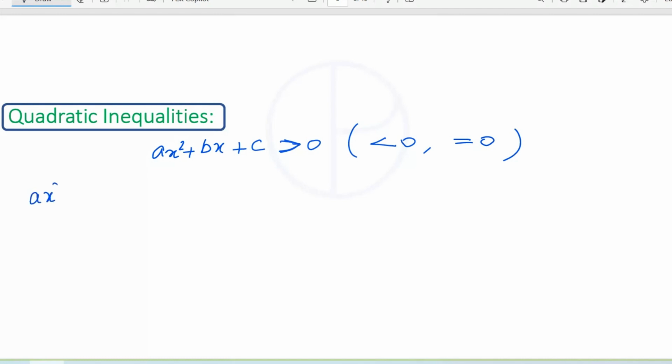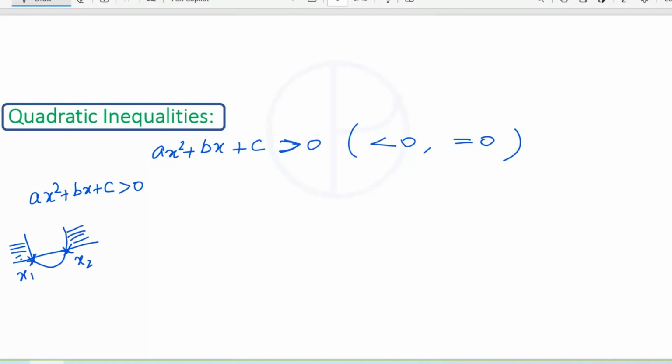Let's take x1 and x2 as the roots. Here the inequality is ax squared plus bx plus c is greater than 0, so you want the region above the x-axis, that is this region.